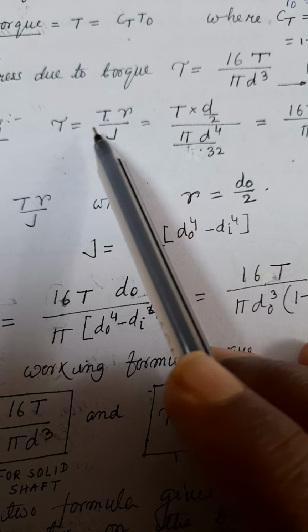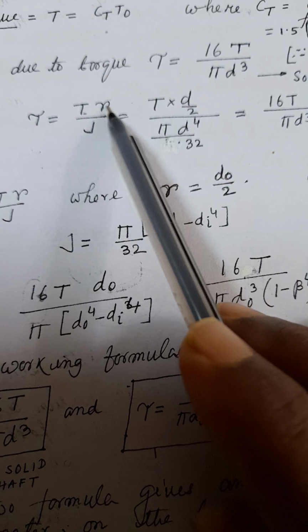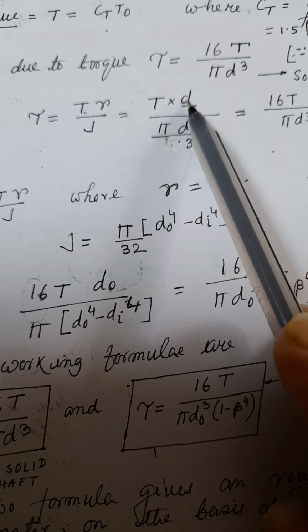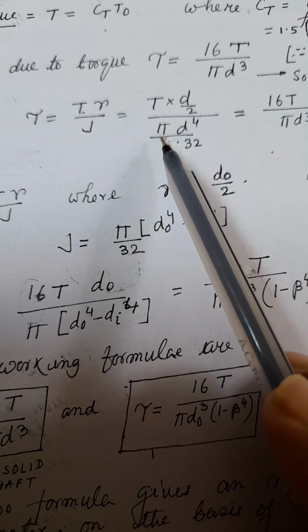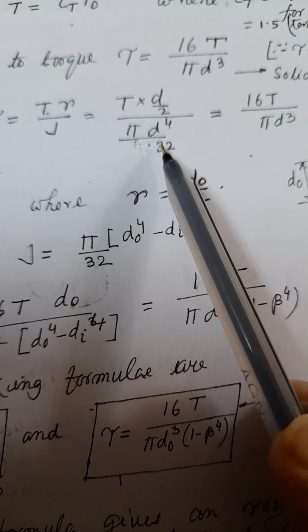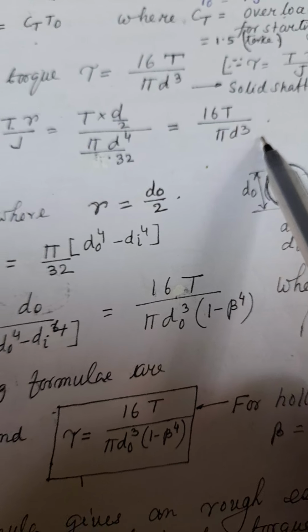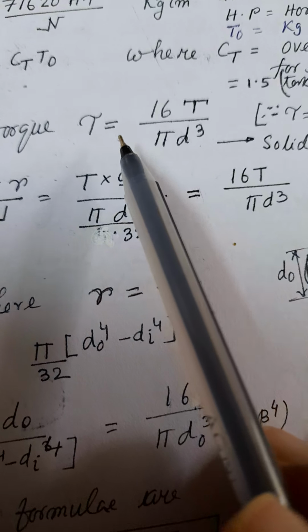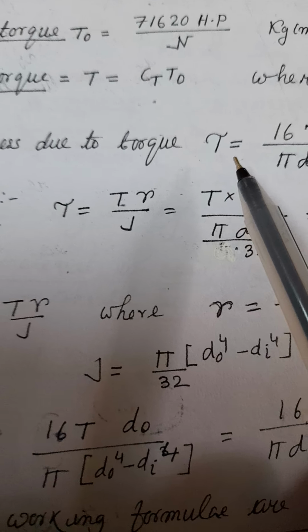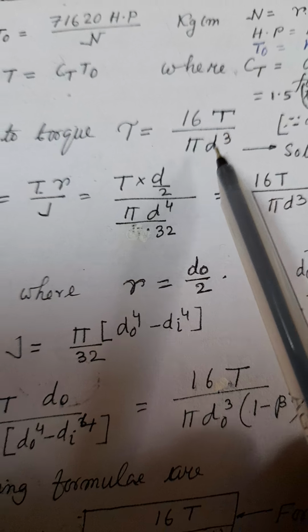R is equal to D by 2, D is the diameter of the shaft. J will be pi d to the power 4 by 32. So if you do it, 16T by pi d cubed. So tau is equal to 16T by pi d cubed. This is for the solid shaft.